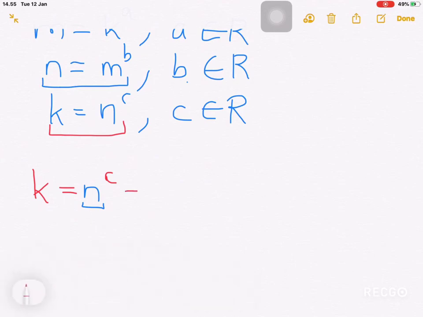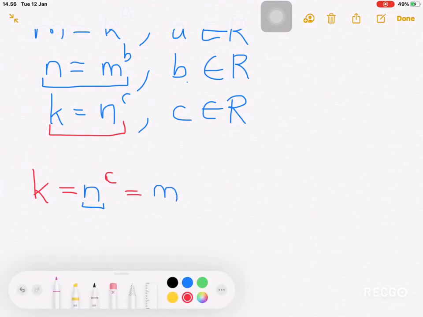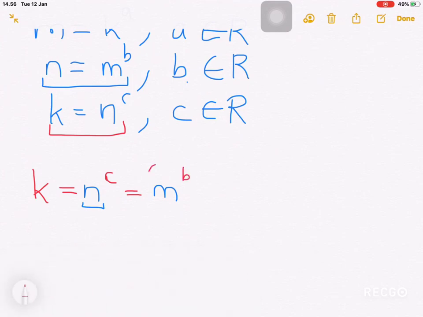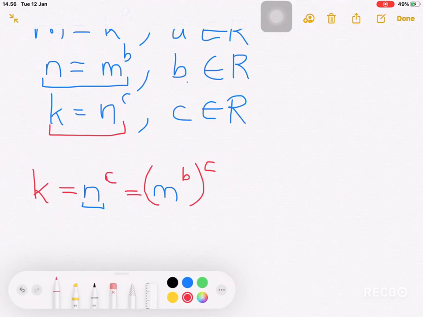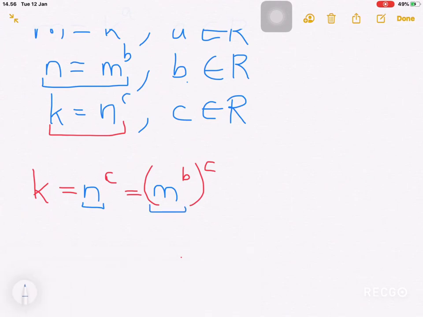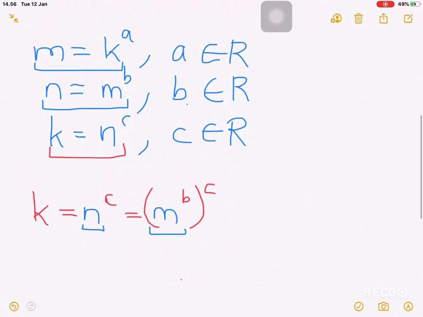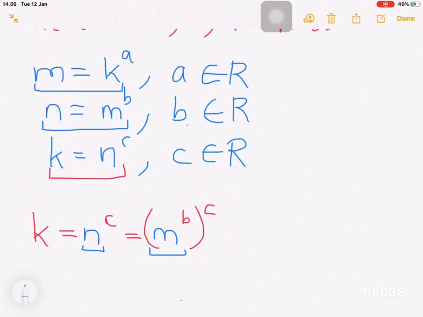So we can rewrite this with the m in blue, and don't forget this is to the b, in parentheses, with c on the top. And notice what is this m right here?